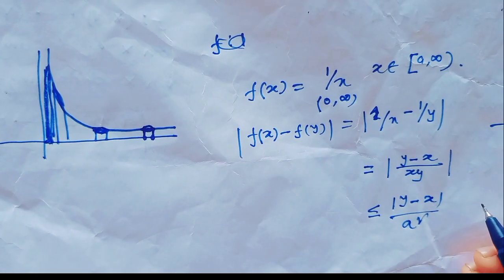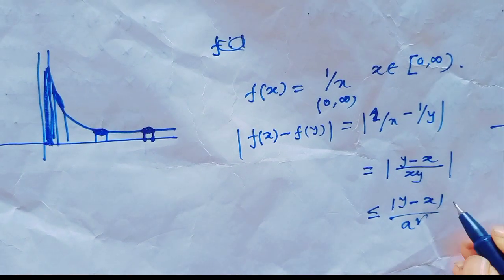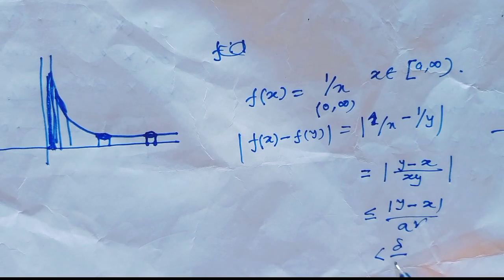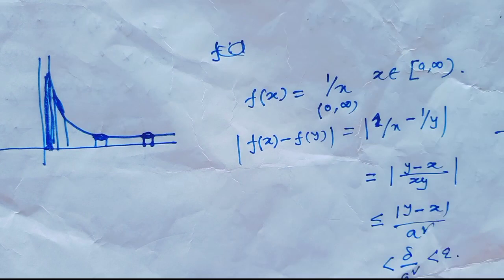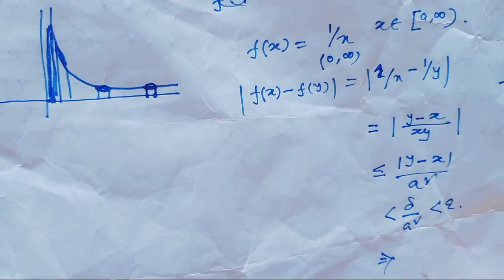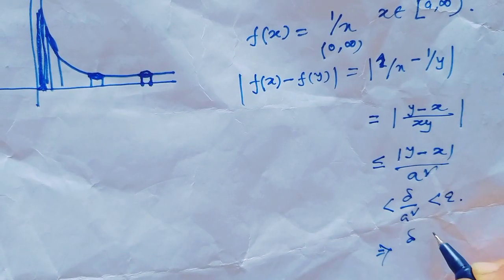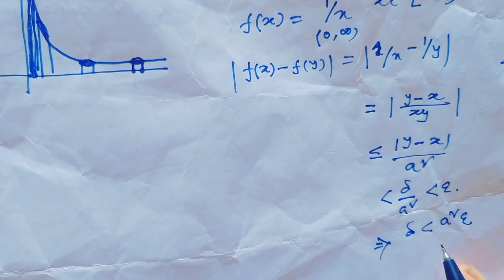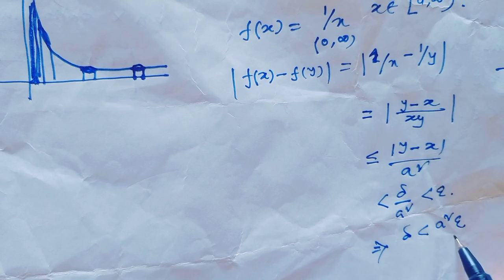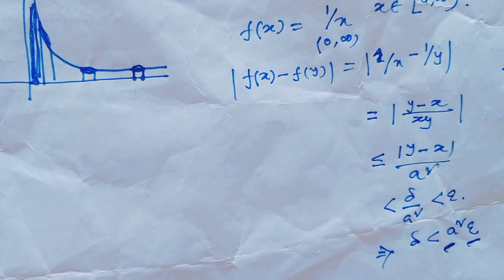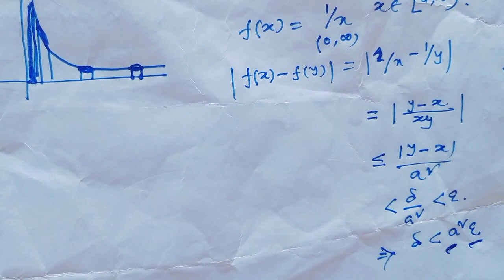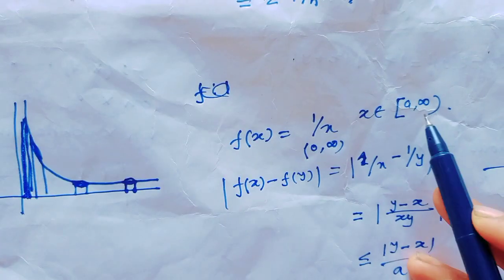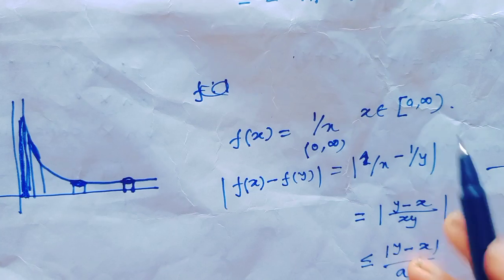And this |y minus x| is less than delta, that means delta over a square, which is less than epsilon. Therefore delta is less than a square epsilon. Here delta depends on only epsilon, because a square here is just a constant number. So the function is uniformly continuous on the closed interval [a, infinity).